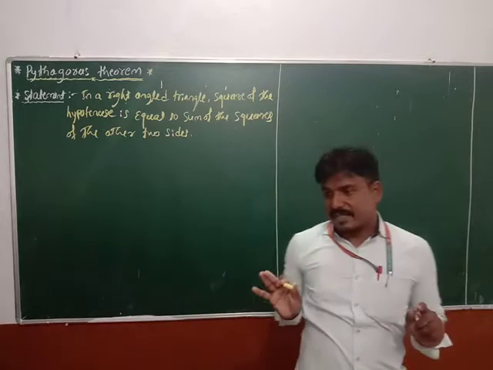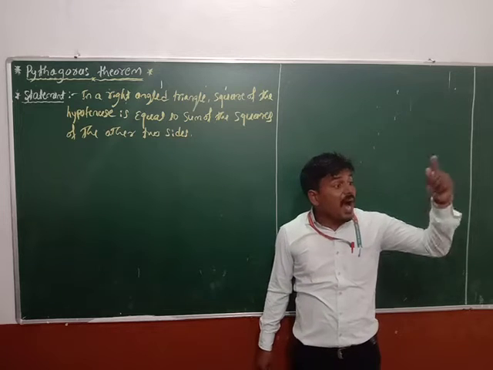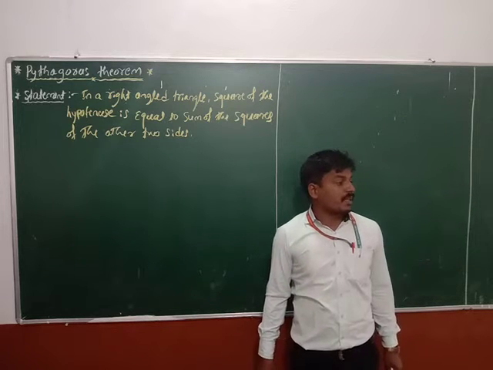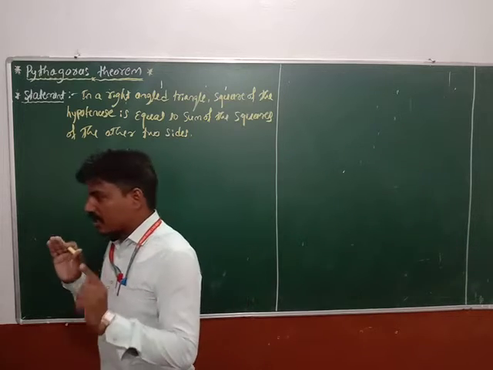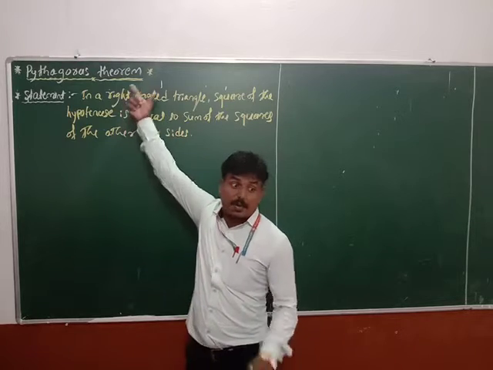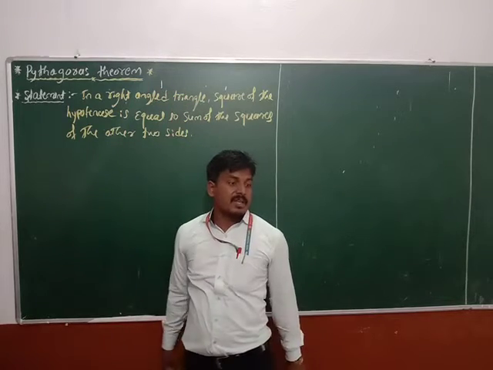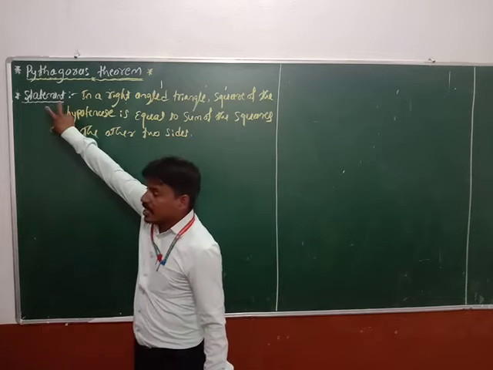Pythagoras theorem statement: in a right angle triangle, the square of the hypotenuse is equal to the sum of the squares of the other two sides. In your question paper, it is directly given, state and prove Pythagoras theorem, but the statement is not given, so first you write the statement.